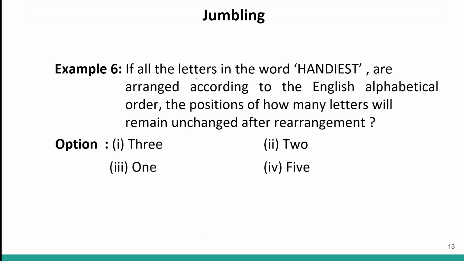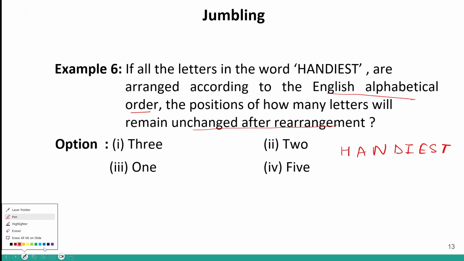Now, if all the letters in these words are arranged according to the English alphabet order, the position of how many letters will remain unchanged after the rearrangement? So original is this. This is the original word. Now we have to arrange them in English alphabetical order. So let me give them forward ranks for your convenience.